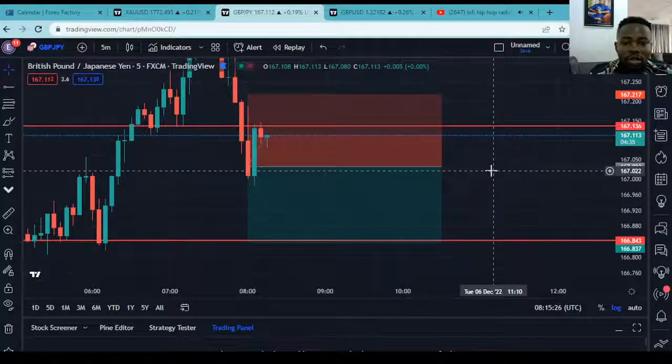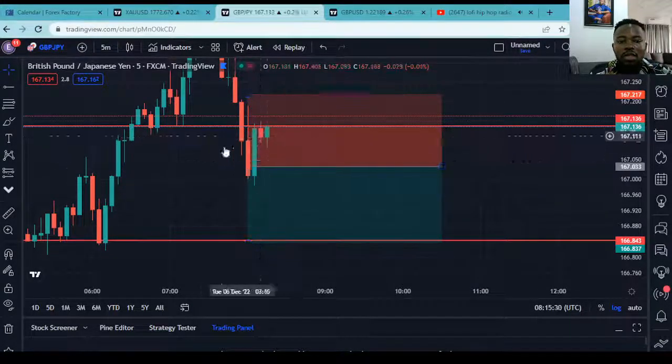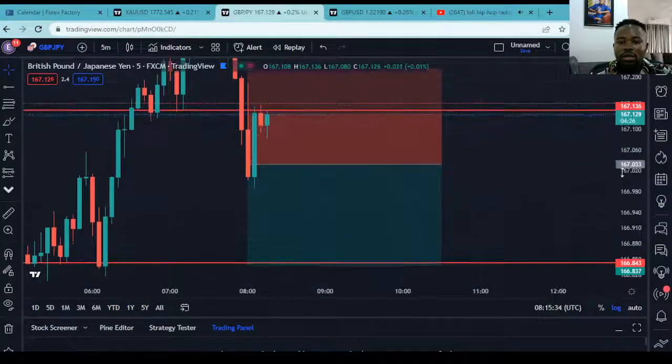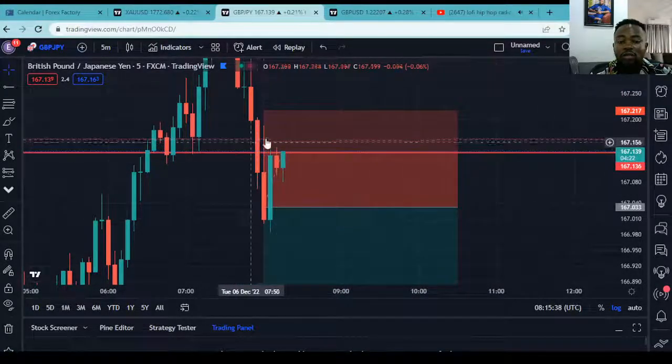At least what we've done is that we've reduced our risk, because candles are moving in an opposite direction. So we've reduced our risk. If we break above here again, I'll close another 50%.